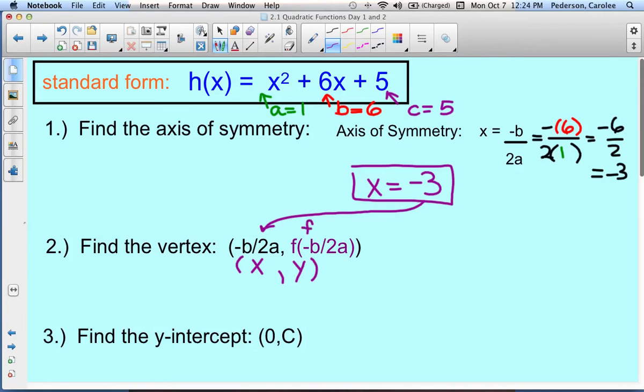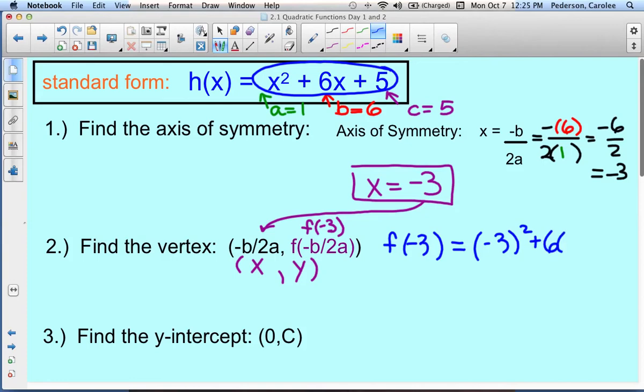So we're going to evaluate it for f of negative 3. So we're going to go up into this blue equation, and we're going to evaluate it for negative 3. So f of negative 3 equals, replace the x with negative 3, replace the x with negative 3, and now let's simplify this.